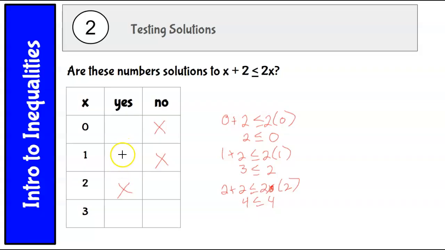Now, on an equation, you might be tempted to just stop. But on an inequality, it could have multiple solutions, infinitely many solutions. So chances are good that this one is probably true as well, because it's on the other side of that 2 that made it equal. 5 is less than or equal to 6. That is true because it is less than 6. So that would be a yes.